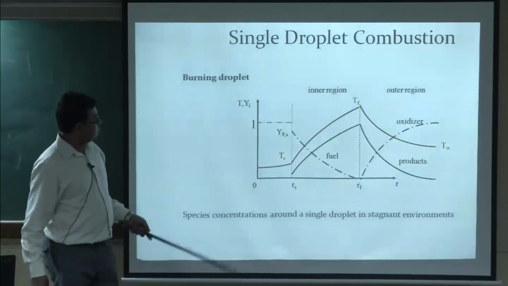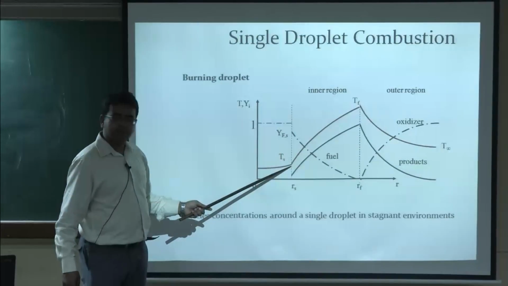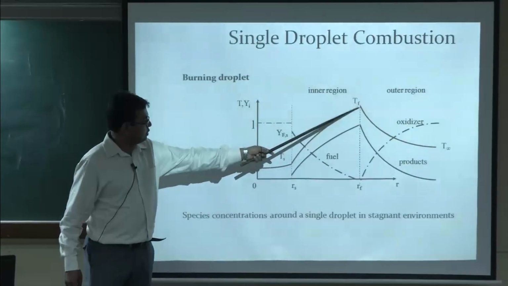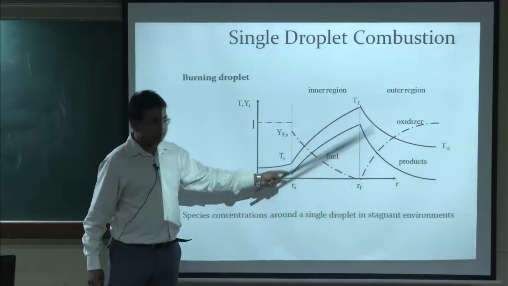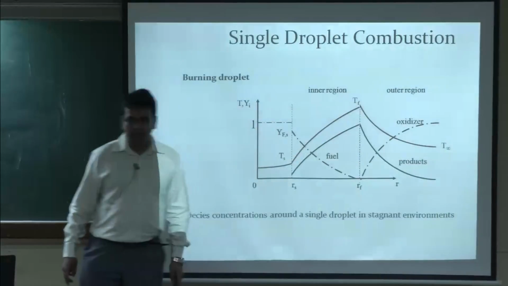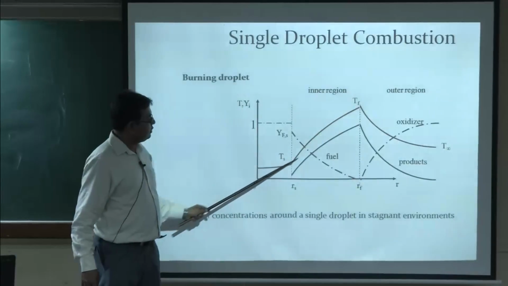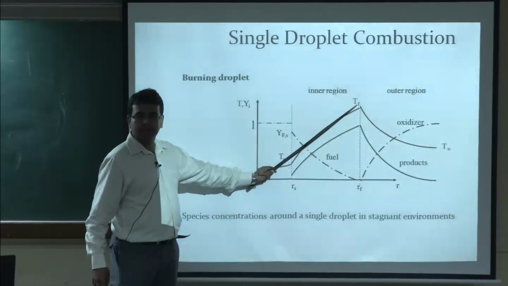Same thing about the temperature. The temperature is the surface temperature Ts here, and then it goes to Tf, that is the flame temperature. We can calculate Tf, and then it decreases to T infinity. So, when there is a flame, you see that there is an increase in the heat transfer, because the gradient becomes very steep, right.